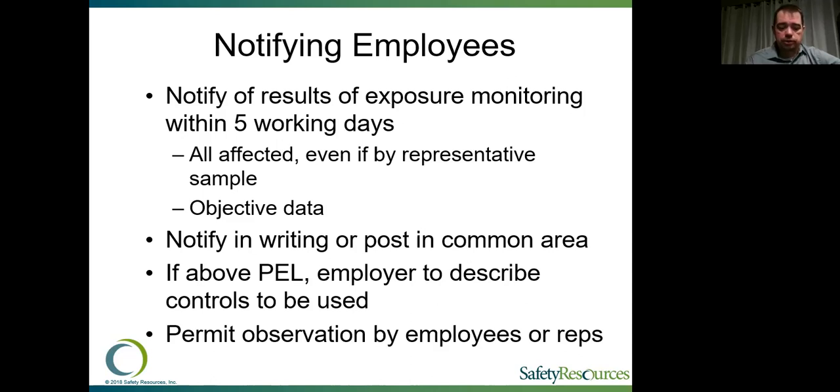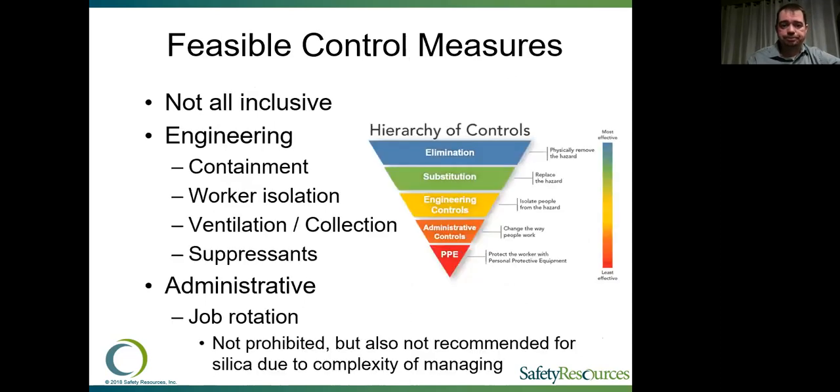And if we're performing any monitoring, we have to allow employees or employee representatives to observe the collection methods being utilized, to make sure that it is appropriate and is gathering accurate data.